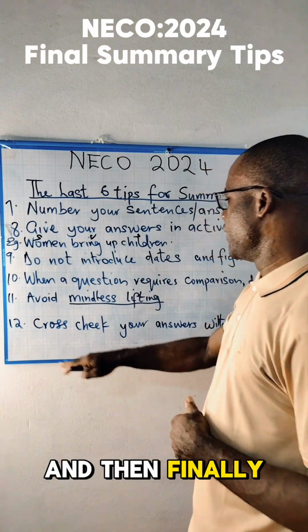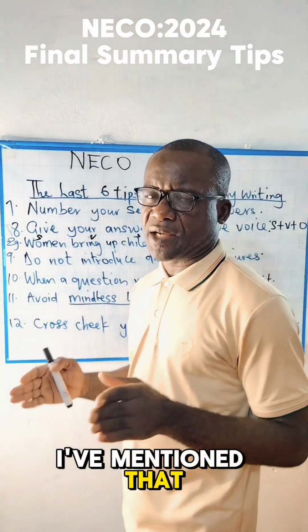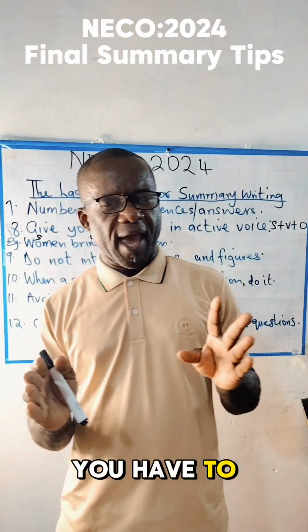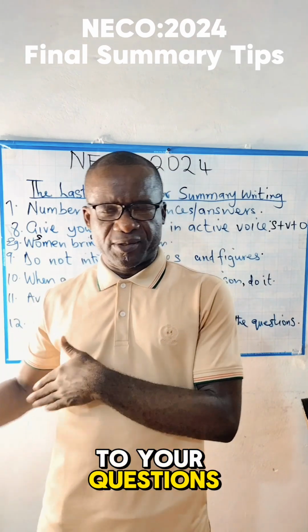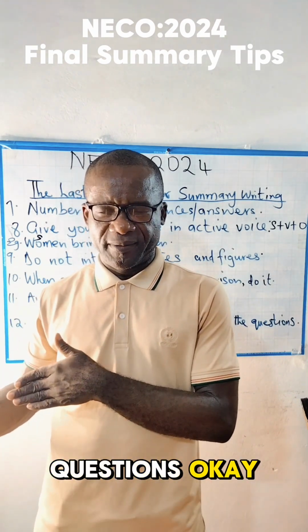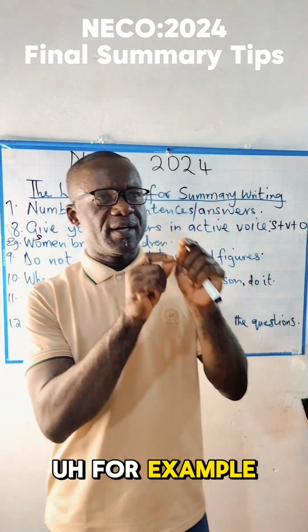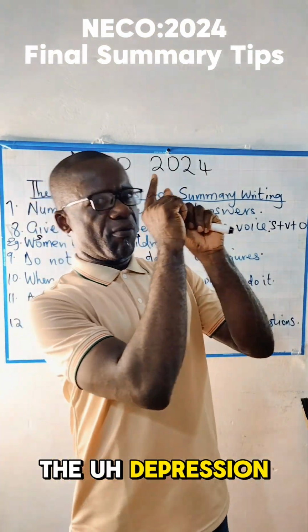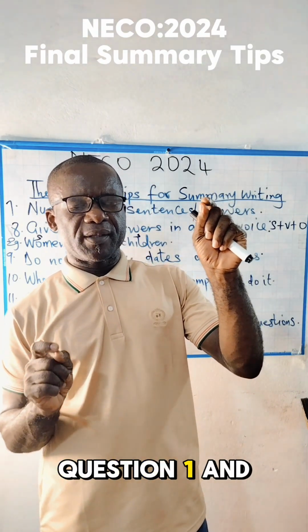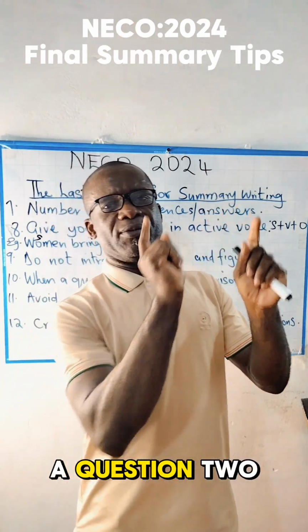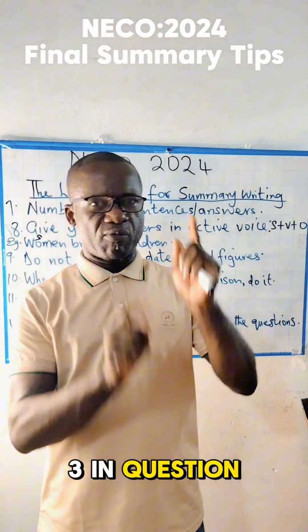And then finally, cross-check your answers with the questions. I've mentioned that earlier on. You have to ensure that your answers correspond to the questions. It is not good that, for example, you take the answer for question 1 and put it in question 2, or put the answer for question 3 in question 1.